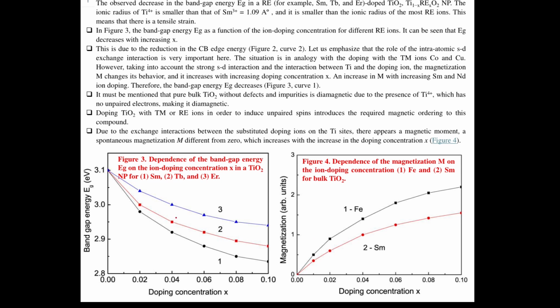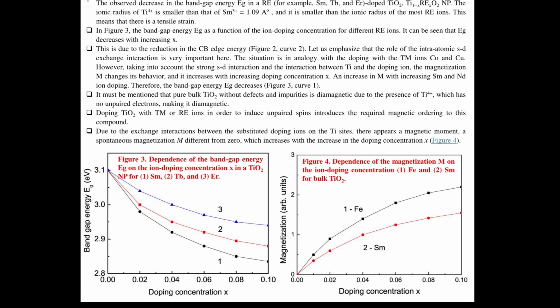So here in plot 3, this is the dependence of band gap energy on the ion doping concentration in TiO2. We have here samarium, terbium, and europium. So these are the rare earth elements. Their ionic radii are larger as compared to the Ti ions.